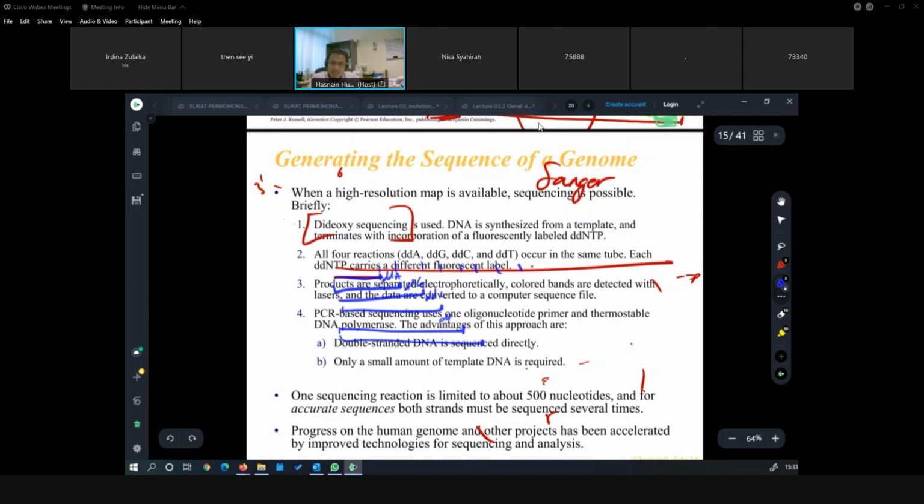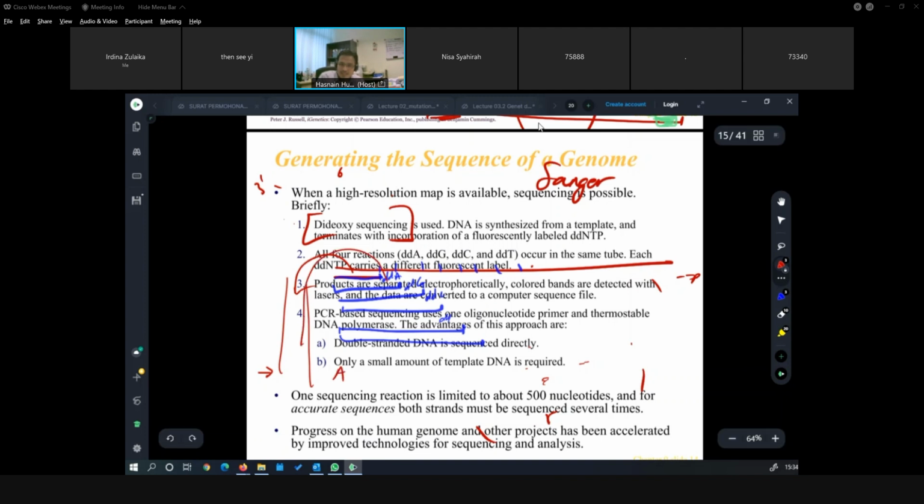So when I do electrophoresis in a tube, the smallest one will go in first. This A carries a blue fluorescent. My laser detects it here, so it detects A, and then the next one goes in.